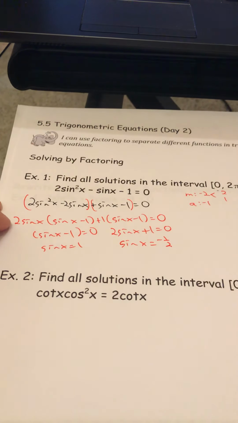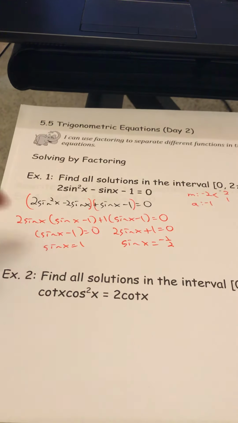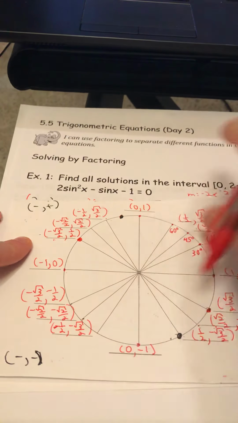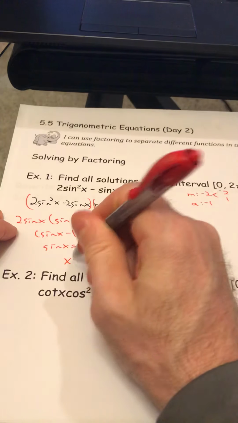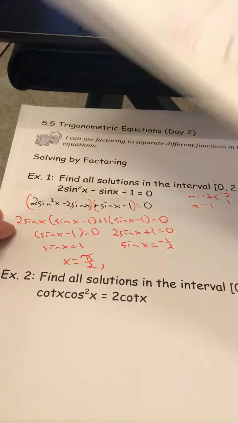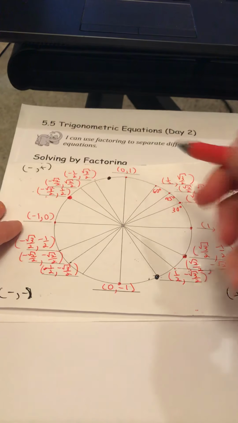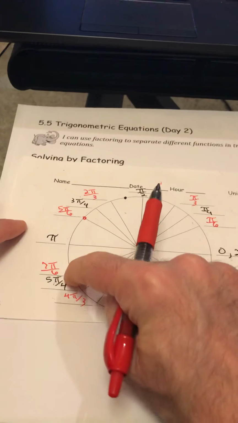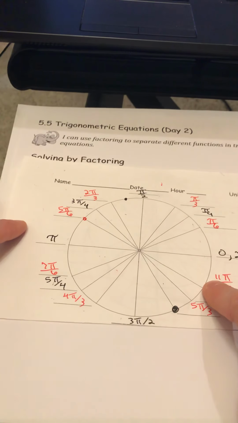So again, what we're going to do on our unit circle, first, where does sine equal 1? Well, that's at pi over 2. Then, where does sine equal negative a half? Well, there are two locations there. Right here is 7 pi over 6. Directly across is 11 pi over 6.